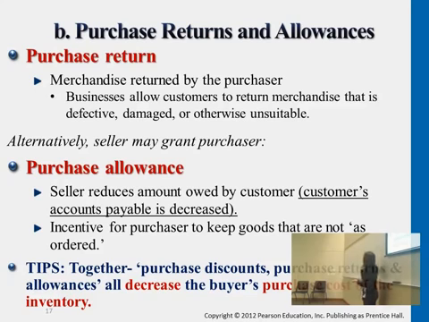But then when you receive it, let's say the total value that you can actually use to resell to customers is only worth $600. The 100 here is either damaged or just wrong goods, not the one that you ordered. This part here will be reduced and your accounts payable will also be reduced. Okay, so this is what the allowance means.